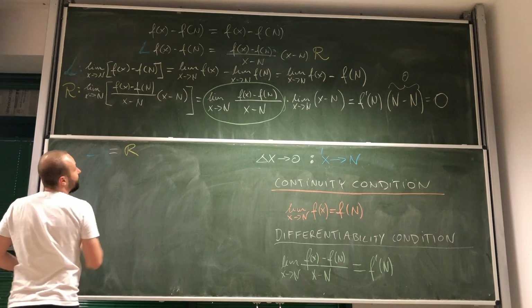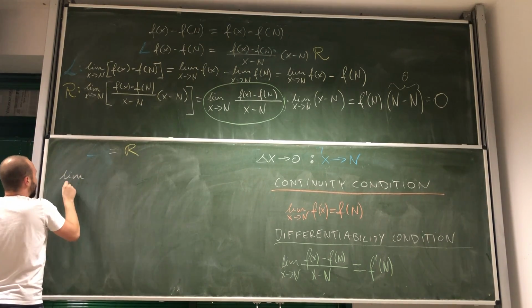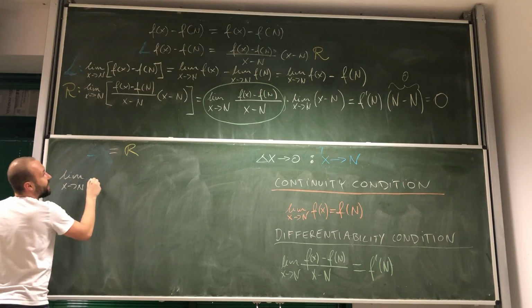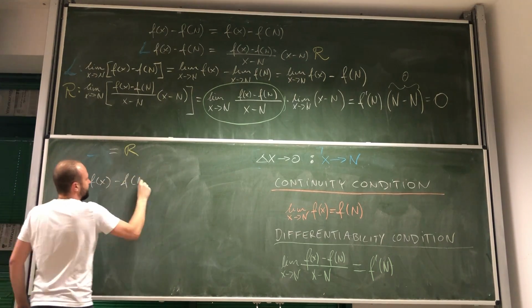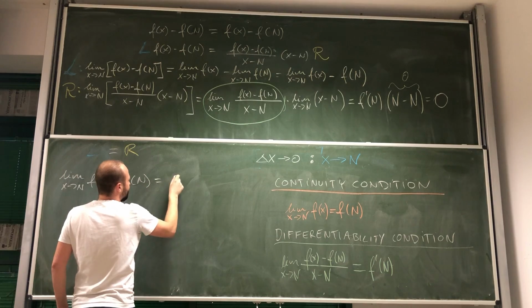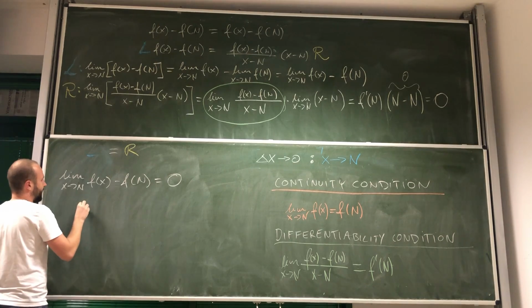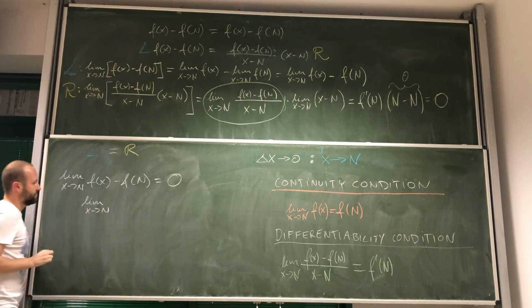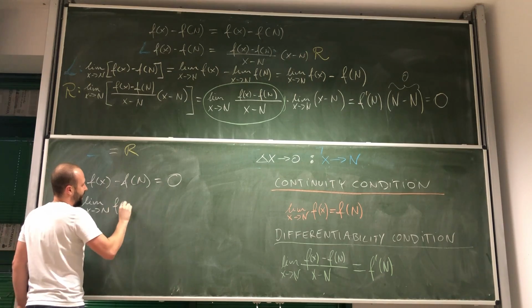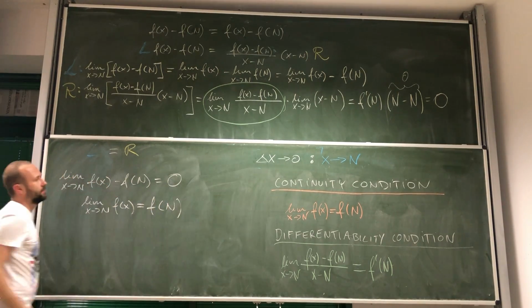So what did we get? We get that limit with x approaching n out of f of x minus f of n is equal to 0. But from this, I can get a limit with x approaching n out of f of x equals f of n.